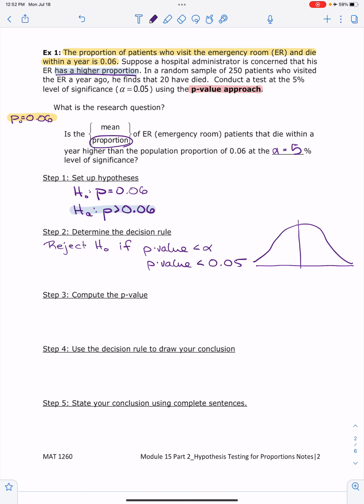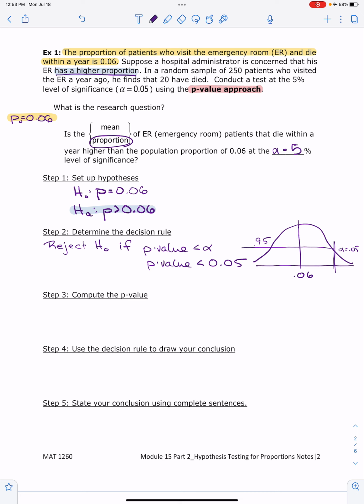I have got a population proportion of 0.06. I am checking to see if the sample proportion is higher than that 0.06. So it's a right tail test, which means my alpha equals 0.05 here. I want the cutoff that leaves 0.95 to the left.